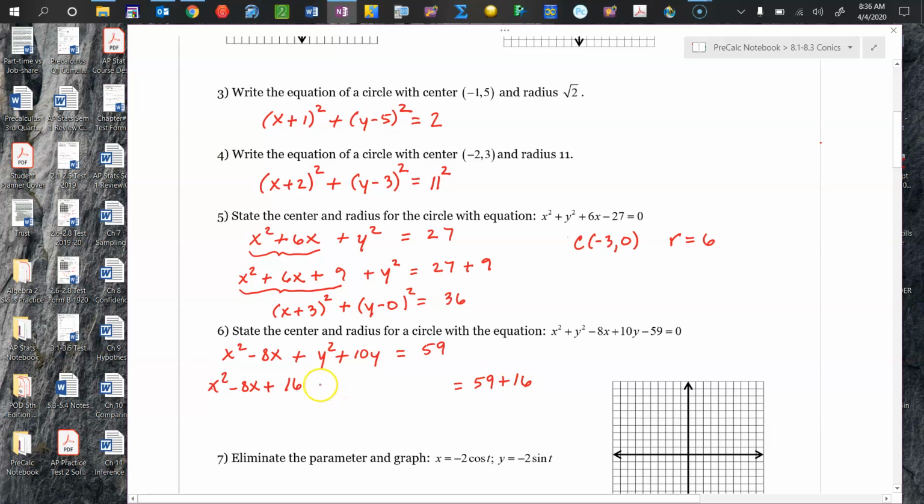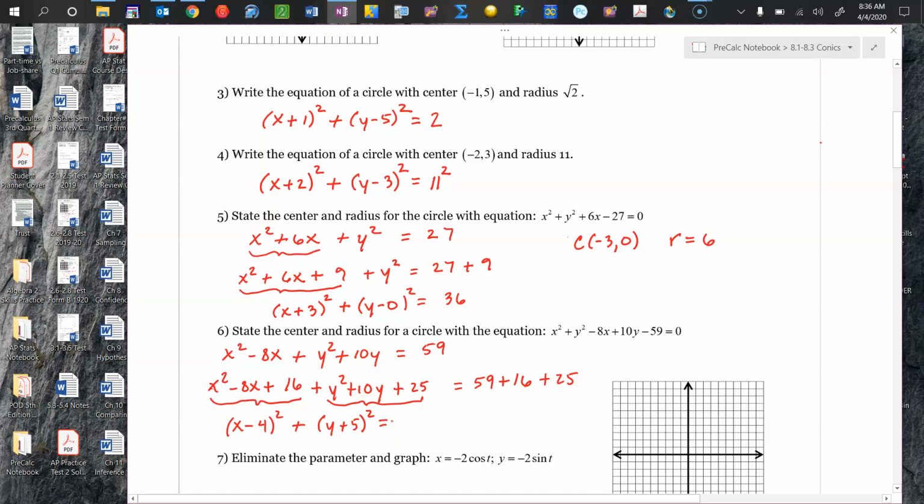And now we're going to complete the square for y. So y squared plus 10y. Half of 10 is 5. Square that, you get 25. So we're also going to add 25 over to the right-hand side there. And now we can write these in their factored form. So x squared minus 8x plus 16 is x minus 4 quantity squared. y squared plus 10y plus 25 is y plus 5 quantity squared.